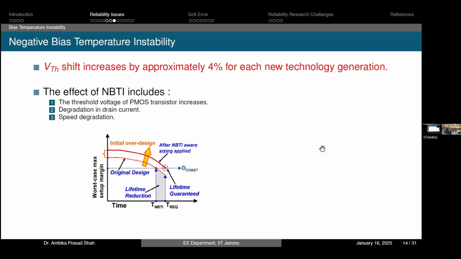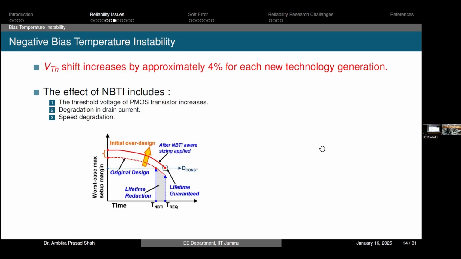If you see this diagram, it says that if this was your actual design at the time, because of the effect of NBTI, your lifetime can be reduced.